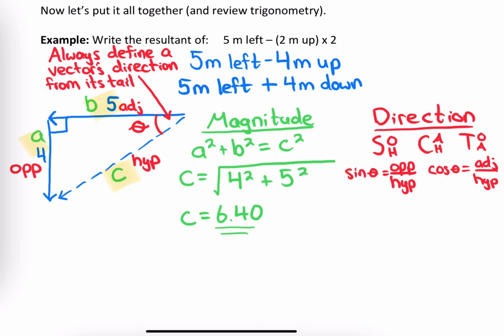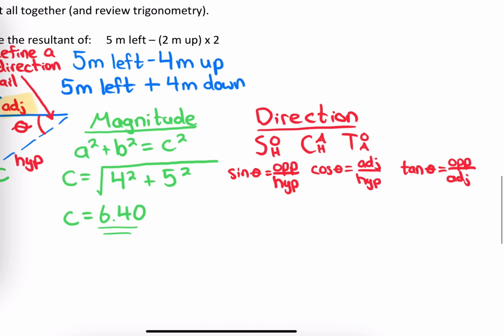There's a chance I made a mistake when I found C. So I'm going to pick a trig ratio that uses A and B, that uses the opposite side and the adjacent side. That way, if I made a mistake over here, it's not going to carry over into my direction calculation as well. So what trig ratio uses opposite and adjacent? That's going to be tan.